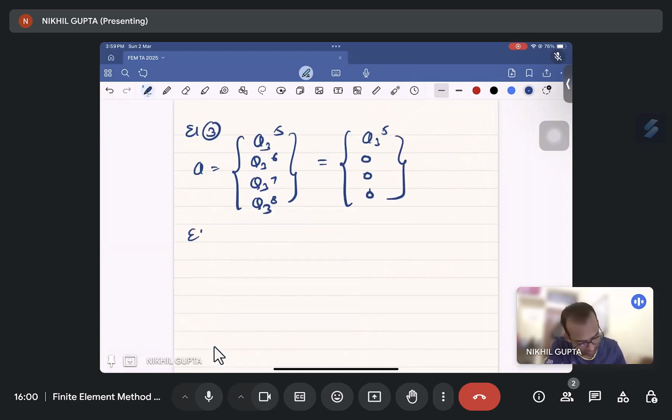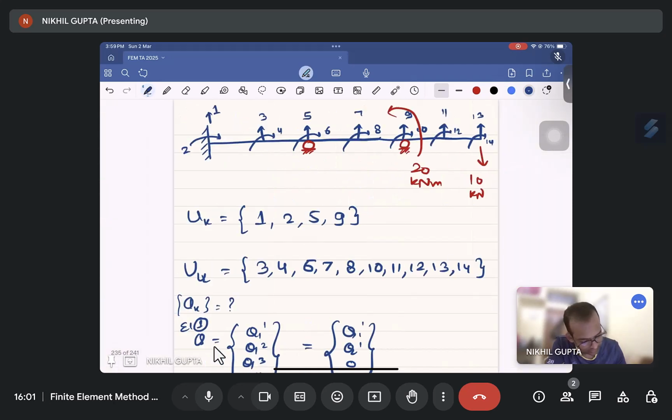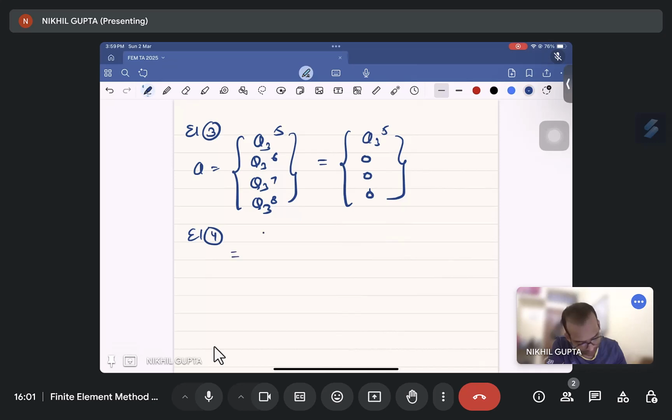Similarly for element number 4, it will be Q4 with degrees of freedom 7, 8, 9, 10, and whatever it will come.